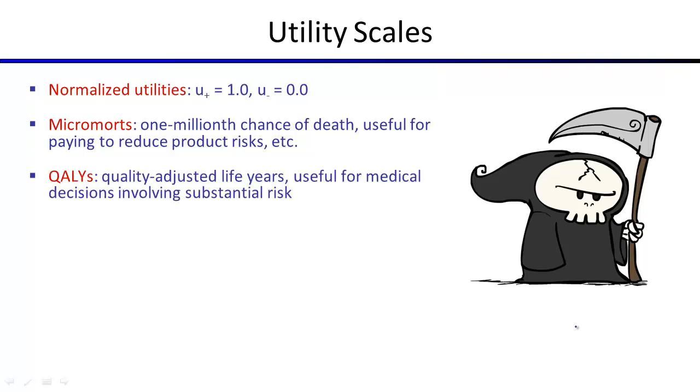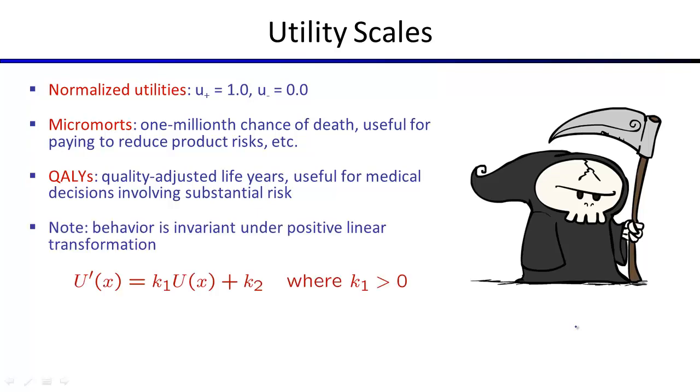There's a related thing called quality adjusted life years, which tends to be used for medical decision making when there's a lot of risk, because now you're balancing not just how long you might live, but the quality. The reason these things are so deeply serious is because a lot of where this utility theory really comes into play is in making very hard decisions about very tricky trade-offs between these weighty kinds of things.